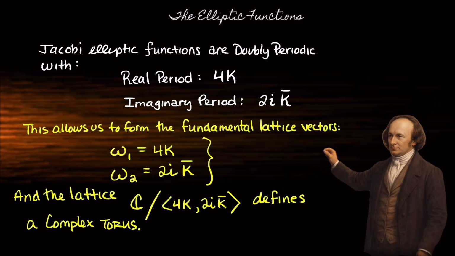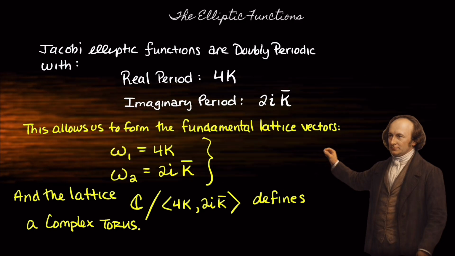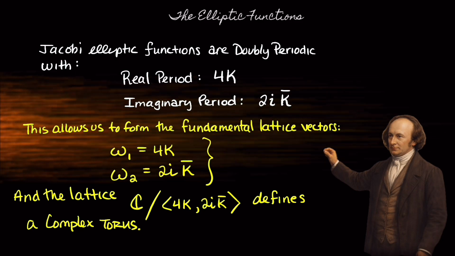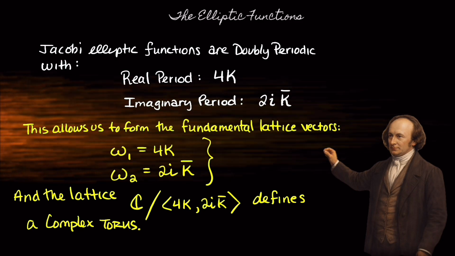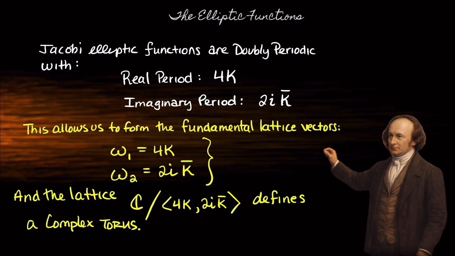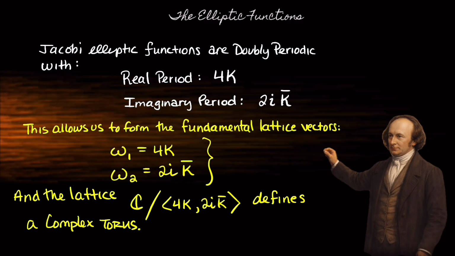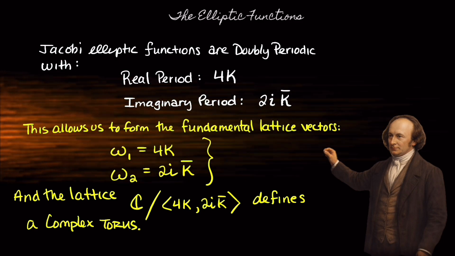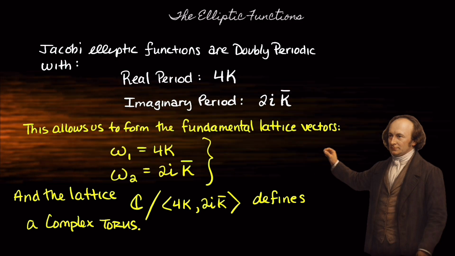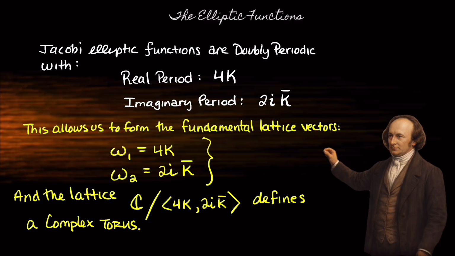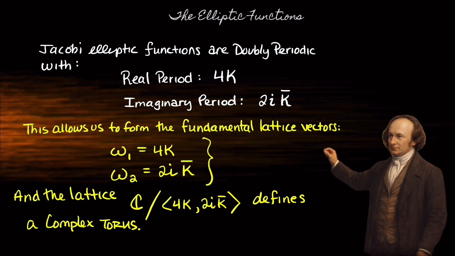So Jacobi elliptic functions are doubly periodic with a real period of 4K and an imaginary period of 2iK bar, which allows us to form a fundamental lattice in the complex plane given two vectors which will form this lattice, omega 1 and omega 2.